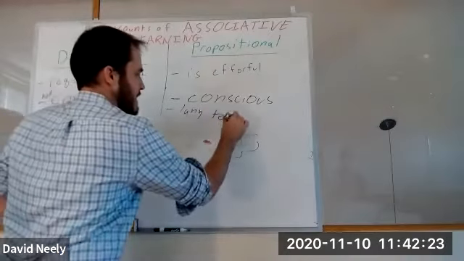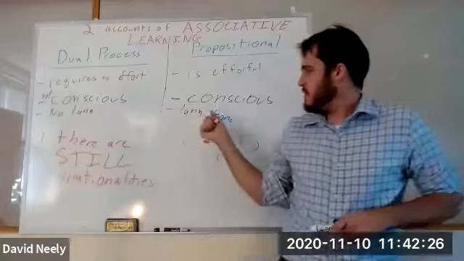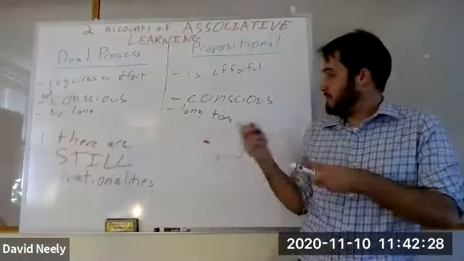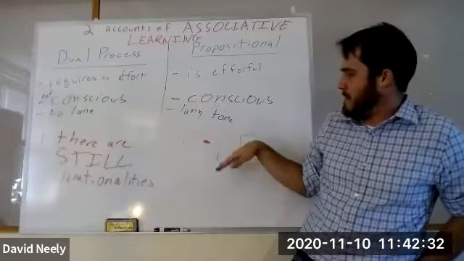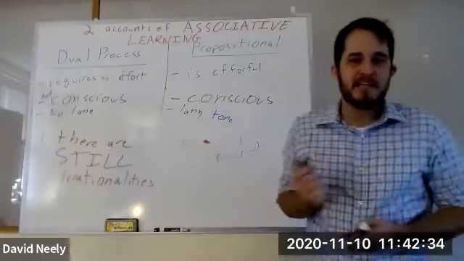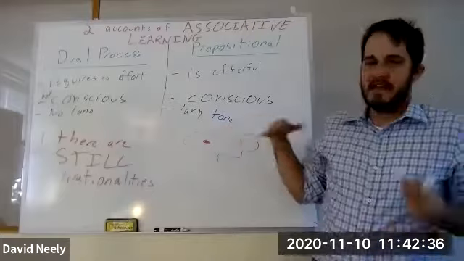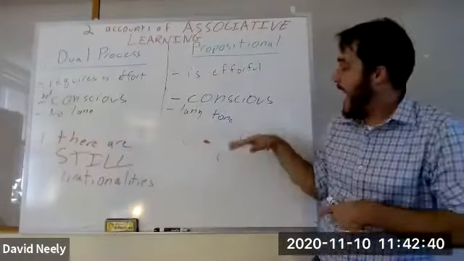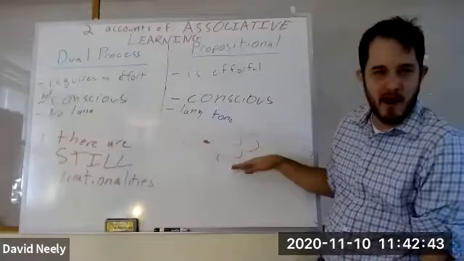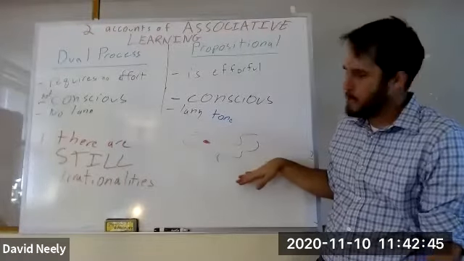So the association would be between tone and puff of air. And what they did is give people a string of tones where half the time the tone is associated with air, half the time it isn't.